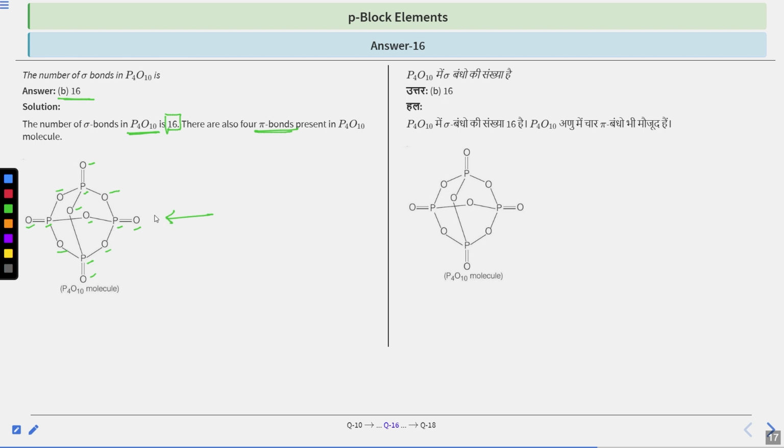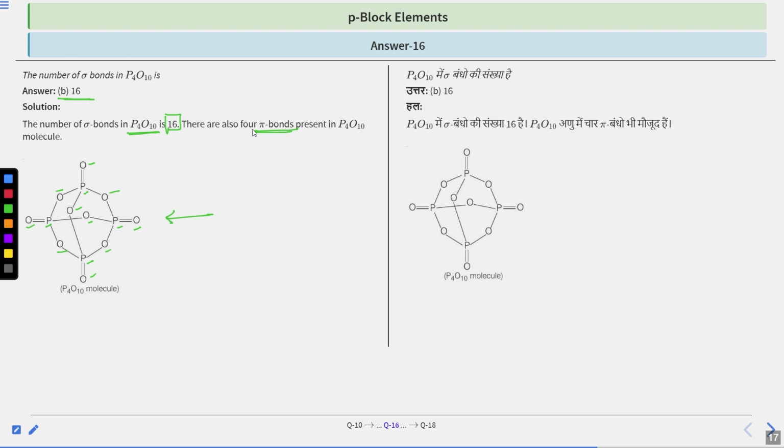Oxygen is 10. Now, as you know, all the single bonds are sigma bonds, and in a double bond, one bond is sigma bond and the other bond is pi bond. So if you count the number of sigma bonds, we have 1, 2, 3, 4, 5, 6, 7, 8, 9, 10, 11, 12, and 12 plus 4 will be 16, because one each from the double bonds. The other bond present in each double bond, other than the sigma bond, is pi bond.